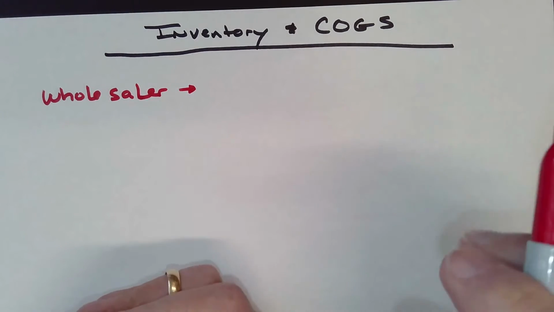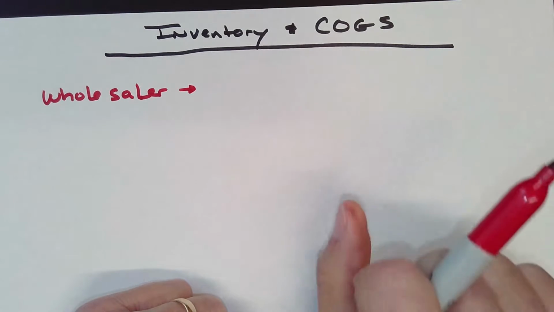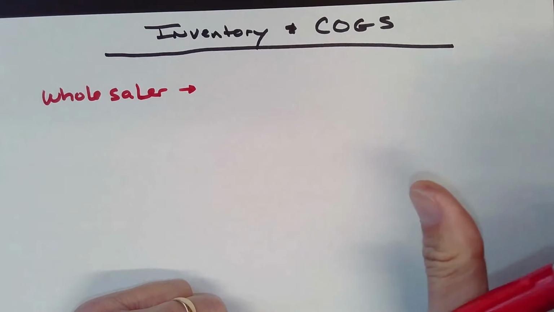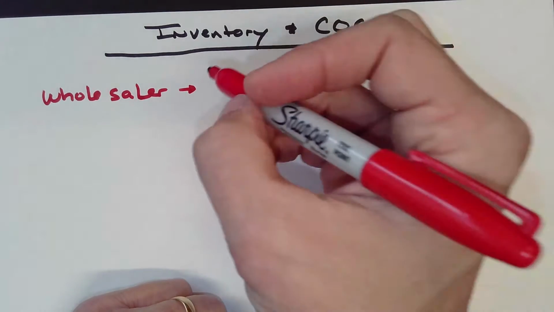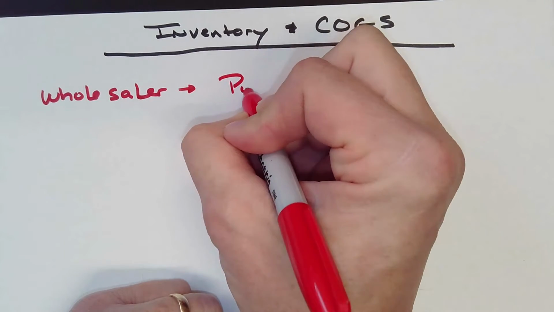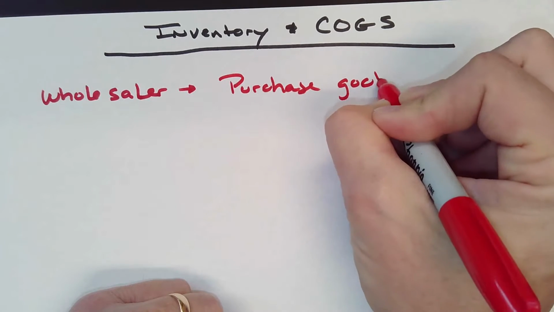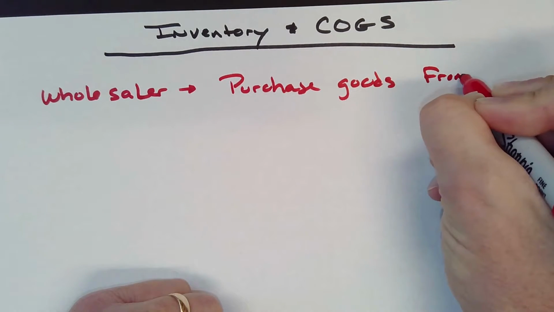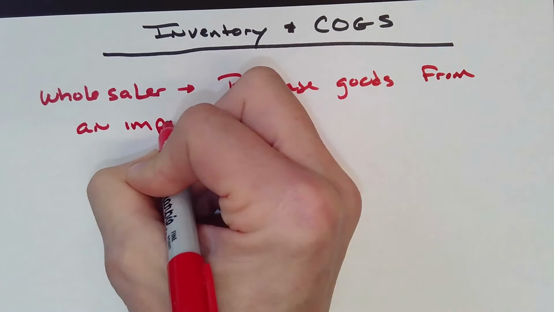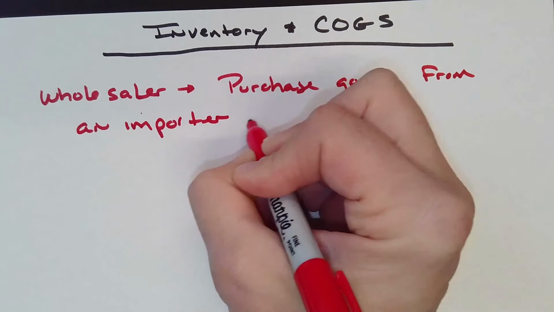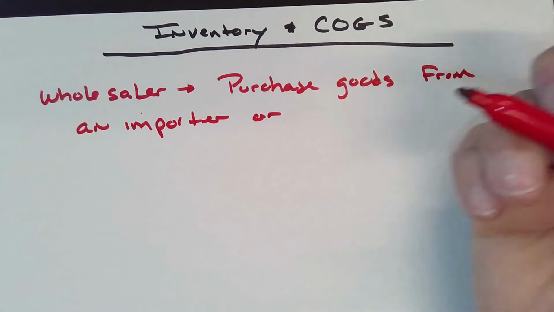They're going to import goods, or they're going to buy right from an original equipment manufacturer, or original product manufacturer. They're going to buy something, right? So the wholesaler is going to purchase goods from an importer, or some original goods manufacturer.